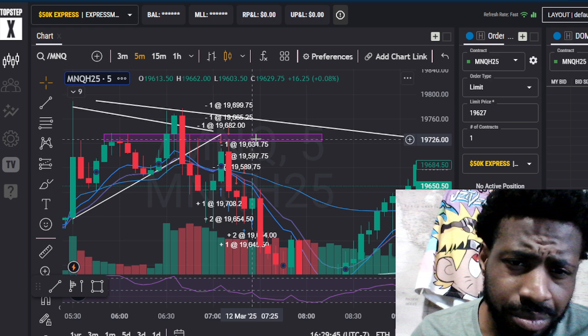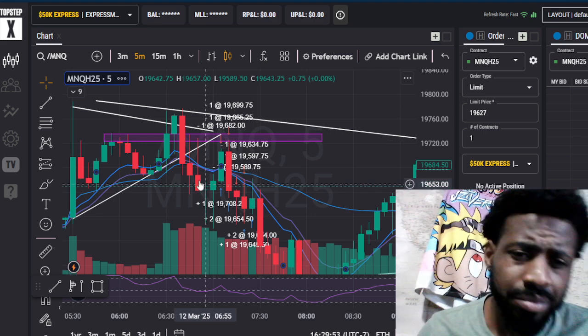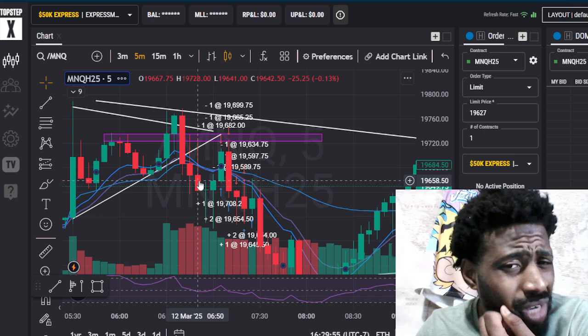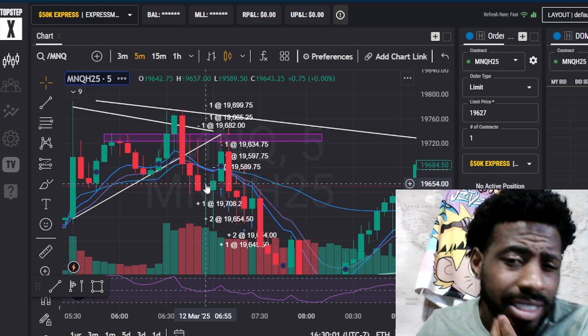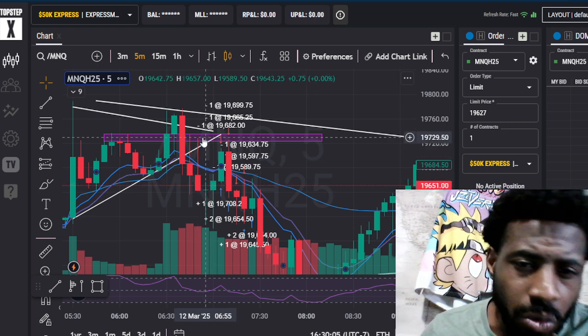Now what I did, I tried to enter here, picked up some, took my profit, thinking I was cool to enter some more that was going to continue to the downside. But I entered and it stopped me out. Boom. With this long wick.